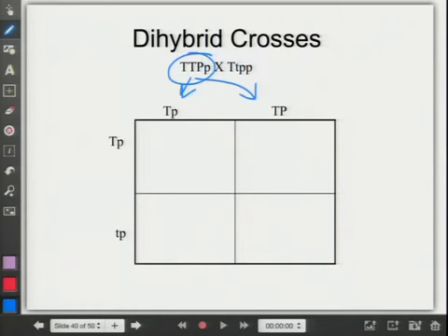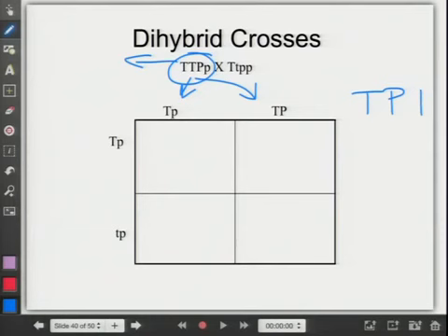His possible gametes are big T, big P, or big T, little p, right? So isn't that all the gametes that guy could make? But he'll make two big T, big P's and two big T, little P's. Okay, but you don't have to list out that extra one, right? We don't need to put that one there.